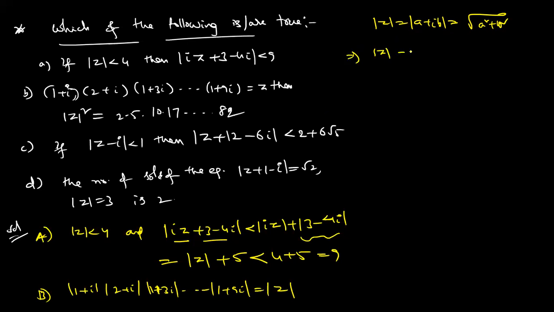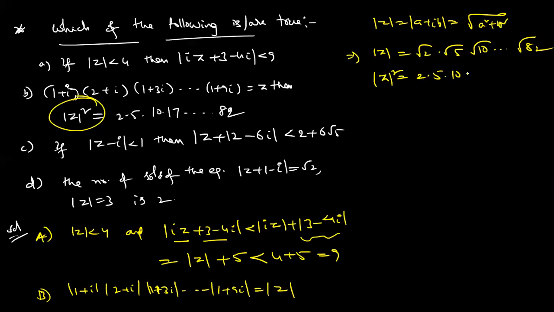Mod z is equal to root 2, root 5, root 10, and so on, root 82, that is root of 9 square plus 1 square. But what is the question asking? Squaring both sides. So 2 into 5 into 10 and so on up to 82. Yes, option B is also true.